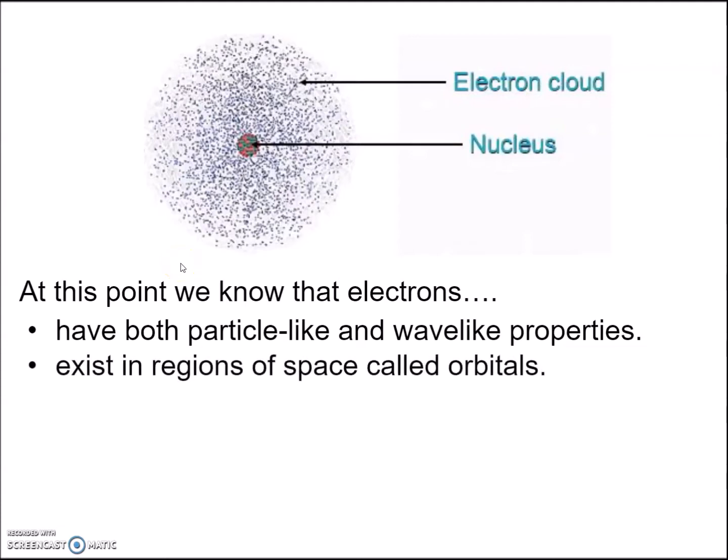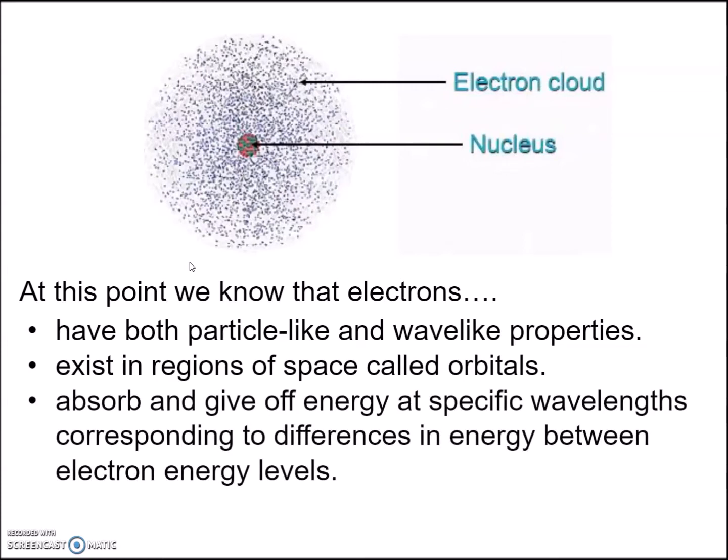We know that the regions of space where we're likely to find electrons are called orbitals. And the solutions to Schrodinger's wave function, which is very high level math, results in some funny looking shapes.